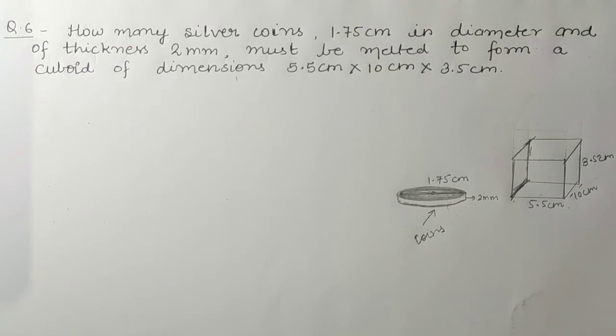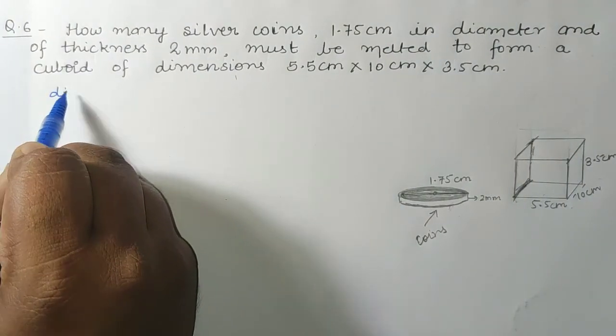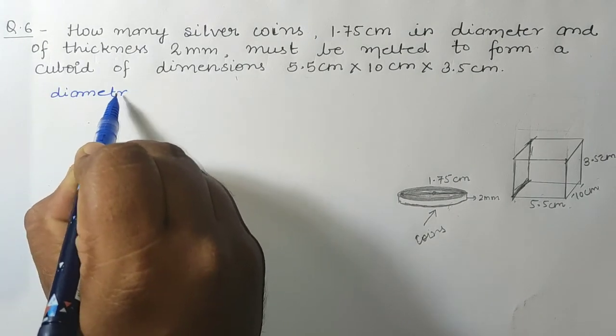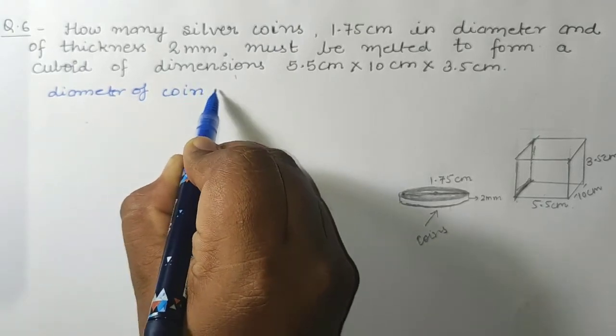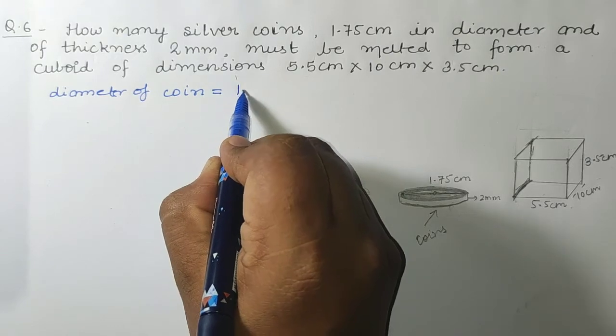See, firstly we'll write what is given. Here the dimensions of coin is given. It is given that diameter of coin is 1.75 centimeter.